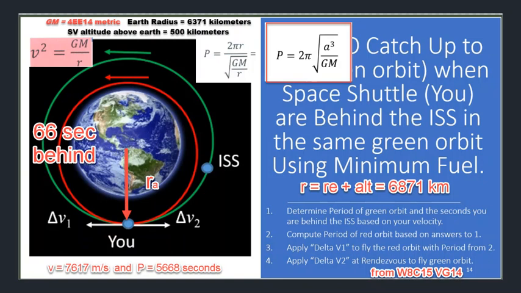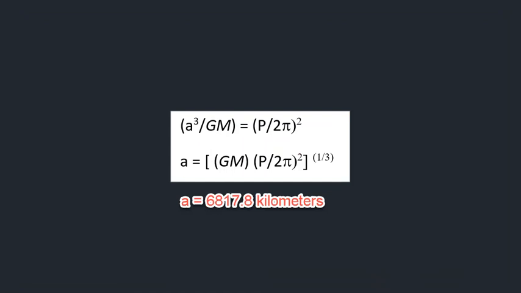So once we know the period of the red elliptical arc, we can solve for a, the semi-major axis, using that formula for period. You square both sides, and then isolate a, which would be the cube root of this expression here, and you know everything.